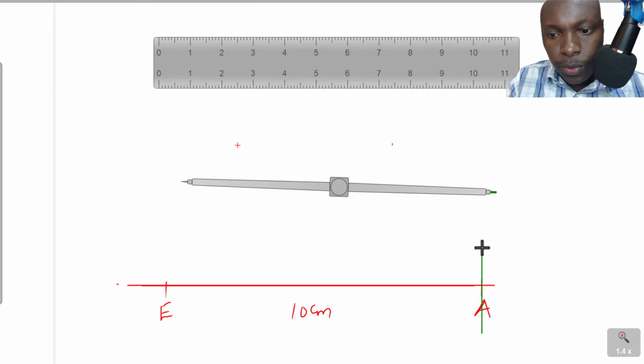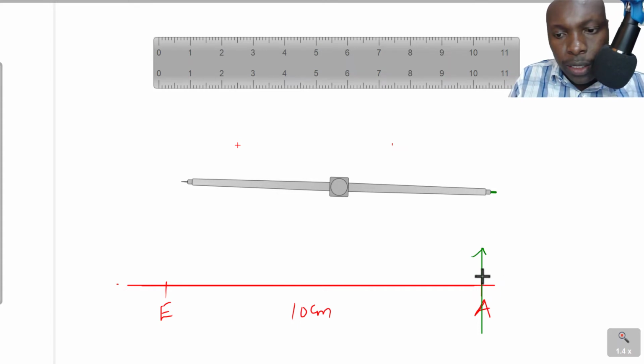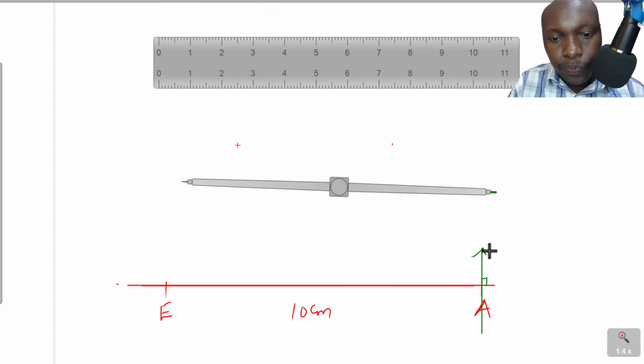One thing you're supposed to ensure when constructing the true north is that this angle here should be 90 degrees, and you confirm using a protractor whether it is 90. I'm just using my tools here, and when I draw my straight line, it exactly meets the other line AE at 90 degrees. So that is the true north.